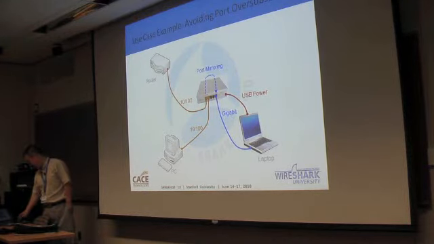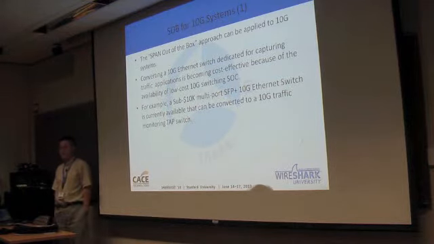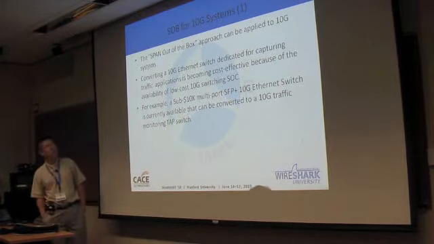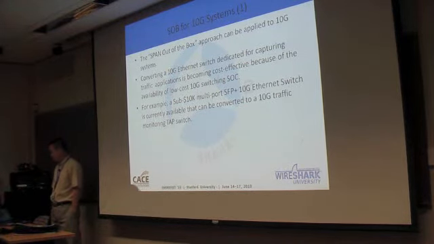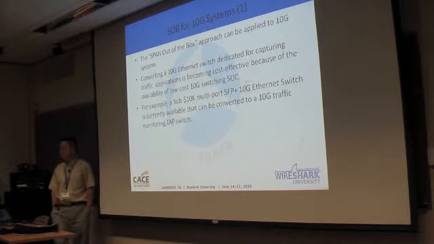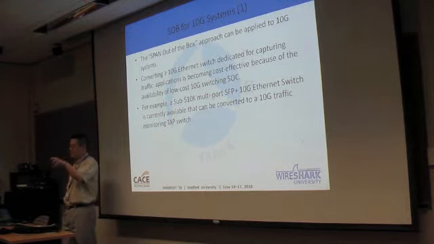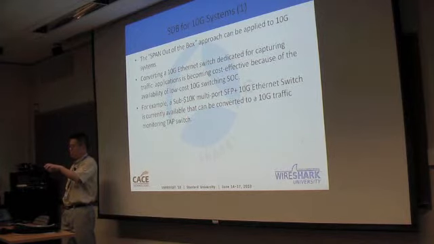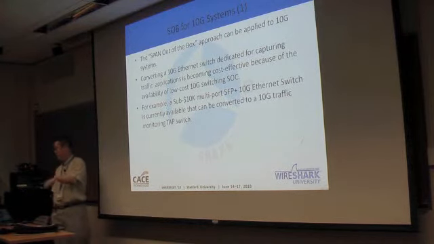Okay, I think I can go to the next slide. Actually, I think this idea, SOB, span out of box, can be applied to 10 gig systems. To my findings, for many 10 gig systems available on the market for monitoring purposes, more or less those vendors are already using a switch chip for capturing 10 gig traffic.